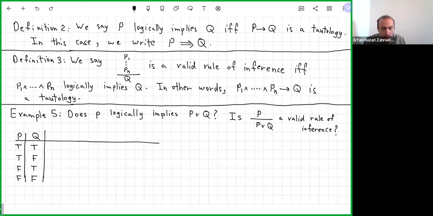The question is, does P logically imply this? That's the same as, is this a valid rule of inference or not? Again, this being a valid rule of inference means the AND of these logically implies that. And I have only one thing here, so this should logically imply this to be a valid rule of inference.